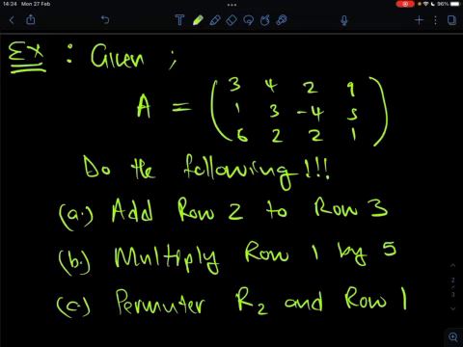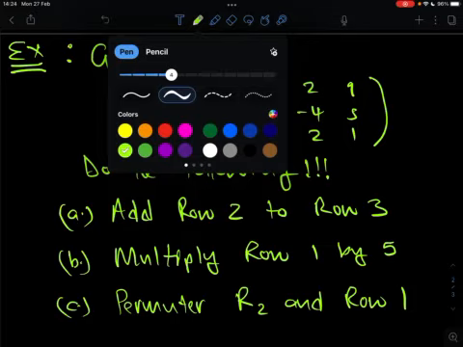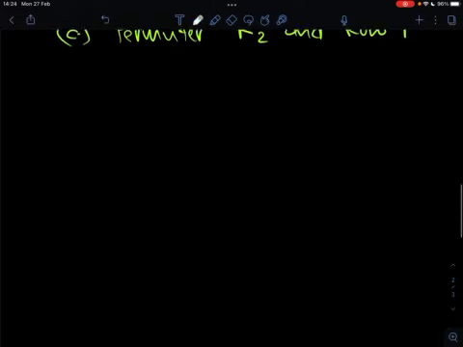So given a typical matrix, you can be asked to perform all these row operations that we have introduced here. The question now is, how exactly do things work here? What we're going to do now is give a demonstration as to how one can answer all these 3 different things that have been asked here. So to do that, let's get to it. Solution.